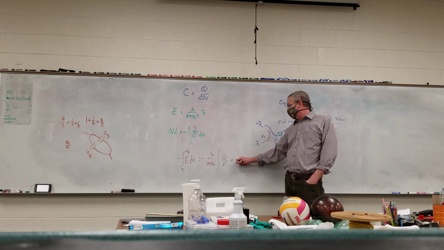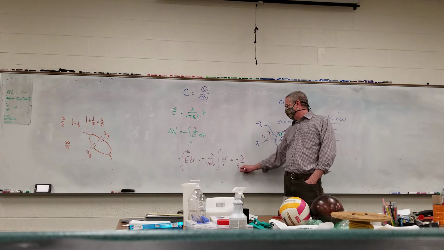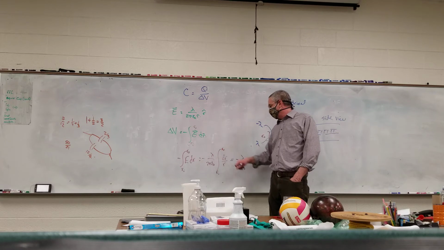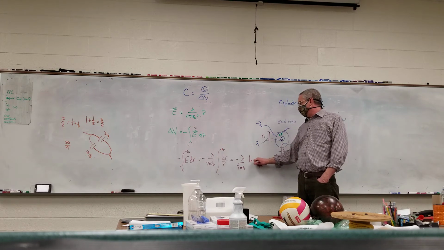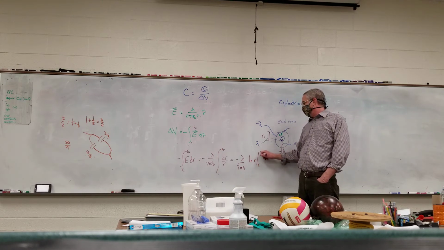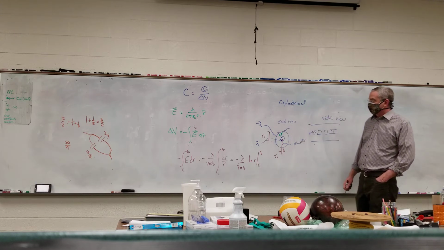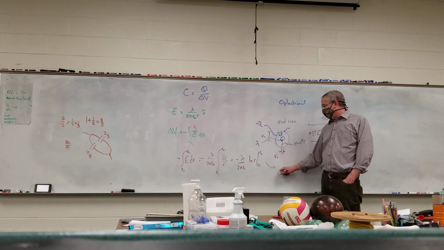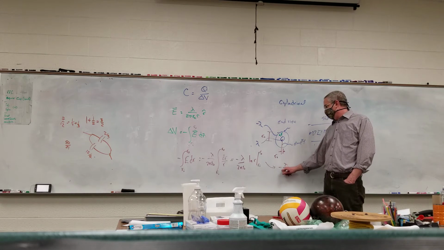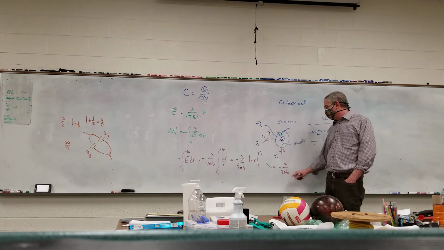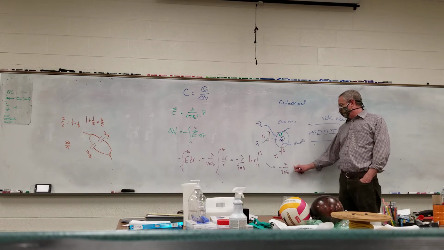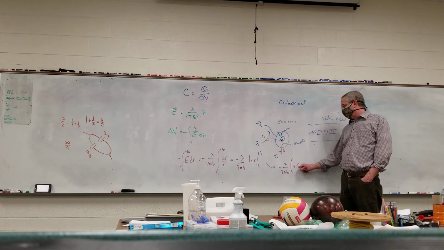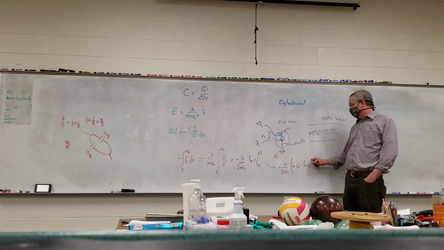Which is negative lambda over 2 pi epsilon sub naught. I got lazy right there, let's write the limits of integration back in, times the natural log of r from r inner to r outer, which is negative lambda over 2 pi epsilon sub naught, natural log of r outer minus natural log of r inner.